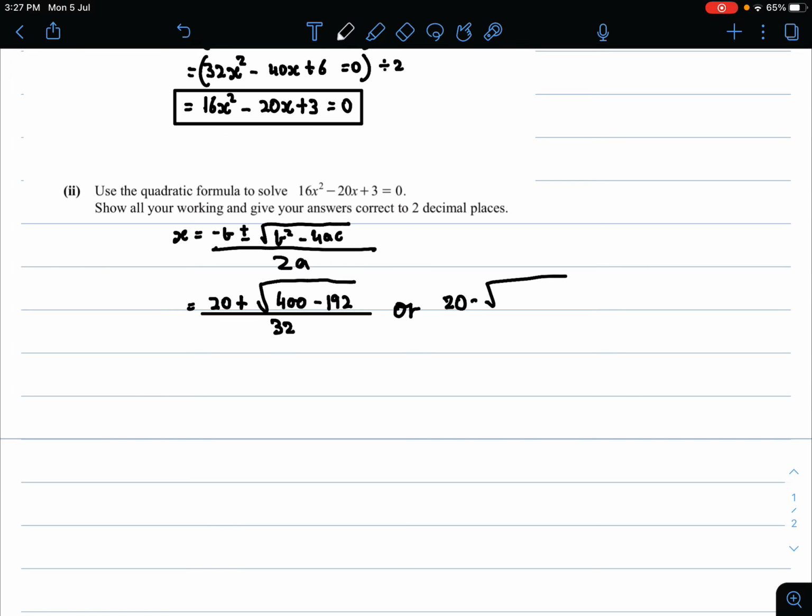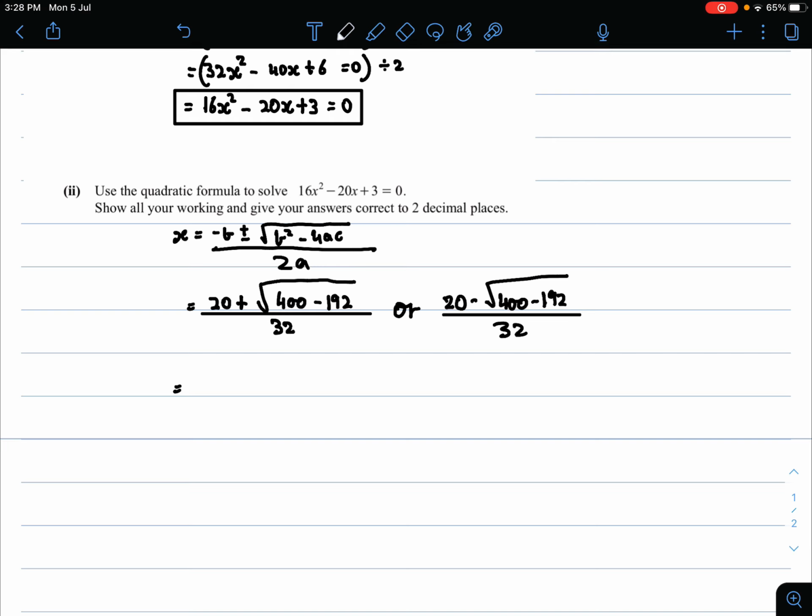So 20 minus, the calculations will be the same. So 400 minus 192, the whole thing root, divided by 32. You can directly enter this calculation into the calculator. So 20 plus root 208, the whole thing divided by 32.